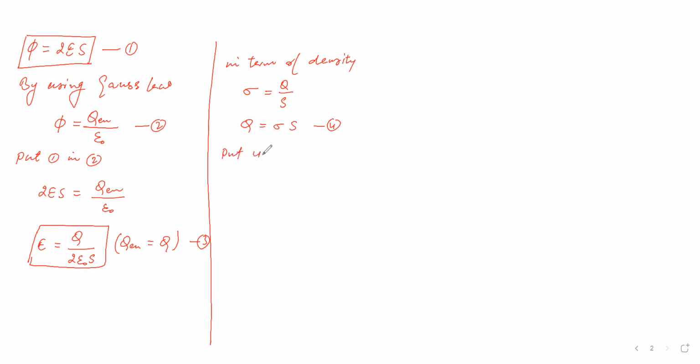Now put 4 in 3. We get E is equal to sigma into S over 2 epsilon naught into S. S is cancelled by S. At the end, we get sigma over 2 epsilon naught. This is your final equation.